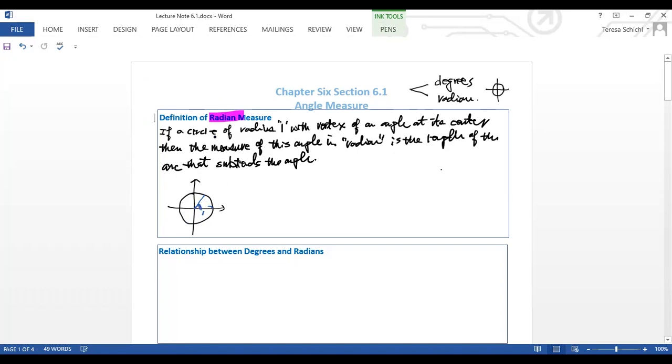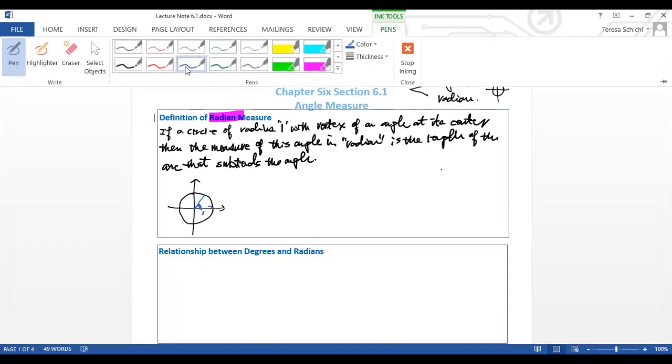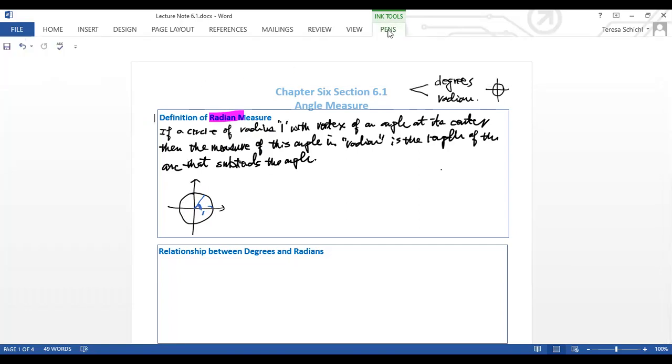The radian measure is the length of this arc subtended by the angle. So if the length is 1, the angle is 1 radian. If the length is 1.5, the angle measures 1.5 radians.